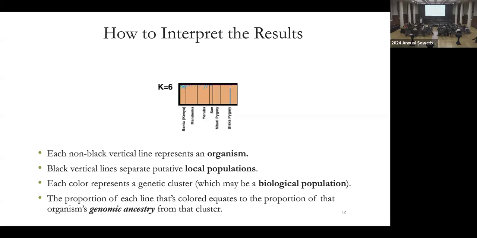Now, the way that you understand the degree of membership in one of these clusters is as the degree of genomic ancestry that someone gets from the cluster. So literally, they're taking the proportion of alleles that were identified in the sample, however alleles being defined. Sometimes it's a single nucleotide sort of sequence at a time.